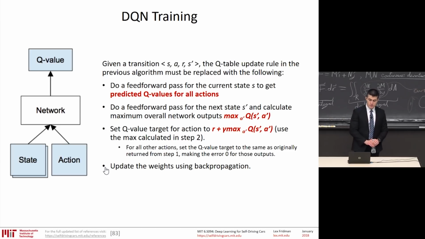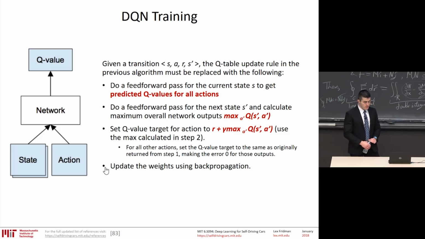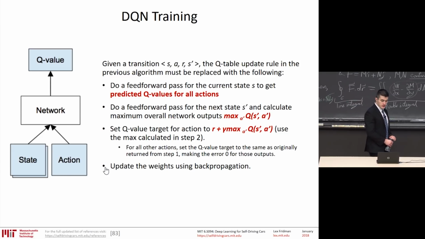Here's the algorithm. Input is the state, output is the Q value for each action, or in this diagram, input is the state and action, and the output is the Q value. It's very similar architectures.